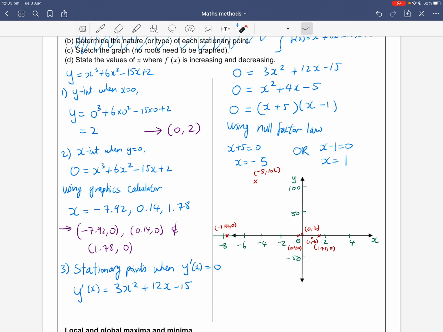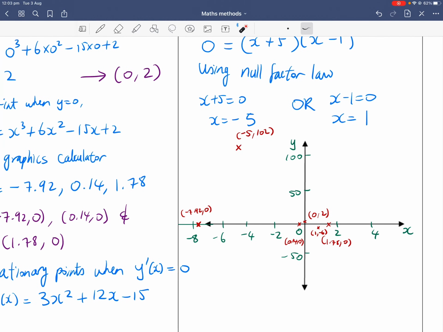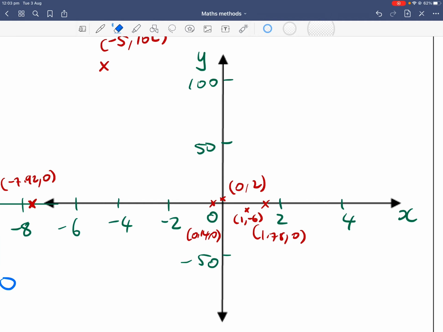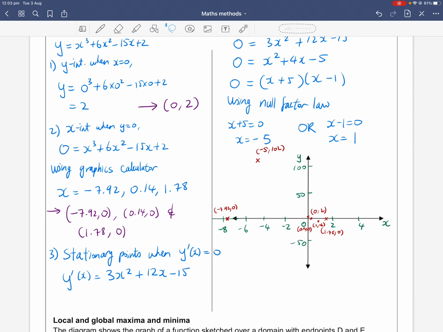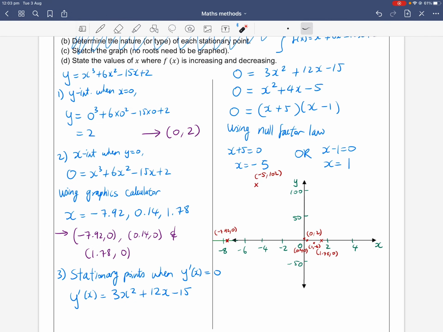Oh, I think I marked in the x-intercept wrong. That's not 0.14. Let me mark that again. So 0.14 was about this side. So that's for this point over there. That makes more sense.